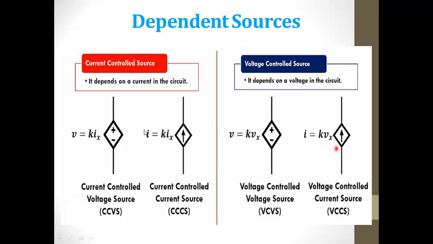I always indicates current, so it is depending on the current in the same circuit. If I have to determine the value of this current source, then I need to know the other current in the same circuit. That is the reason it is a current source, but it is controlled by a current value in the same circuit. So it is said to be the current controlled current source.